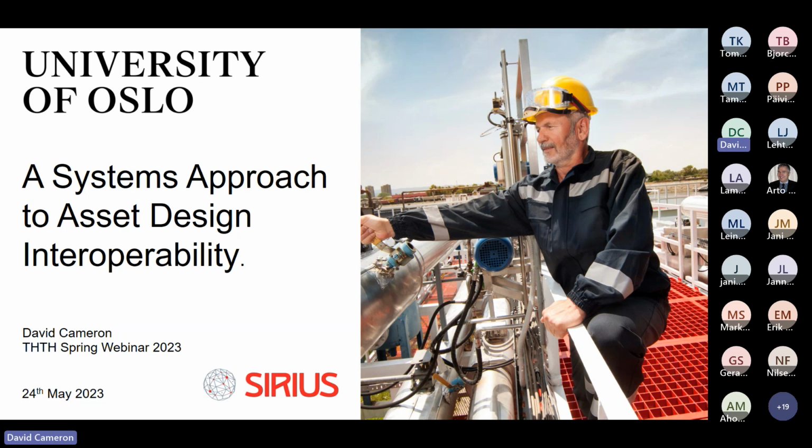So what I'd like to do today is summarize some work which has been done particularly in the Norwegian oil and gas industry around looking at a systems approach to asset design interoperability.